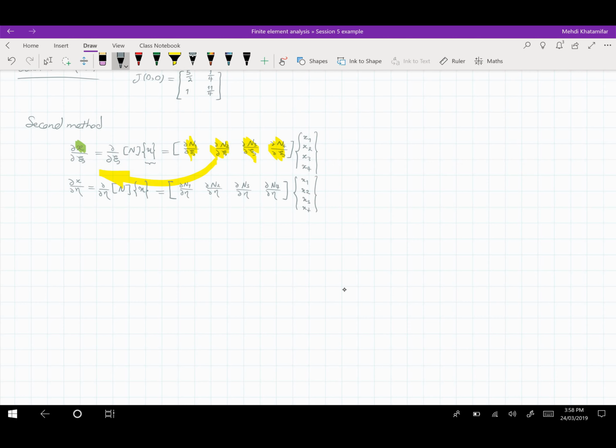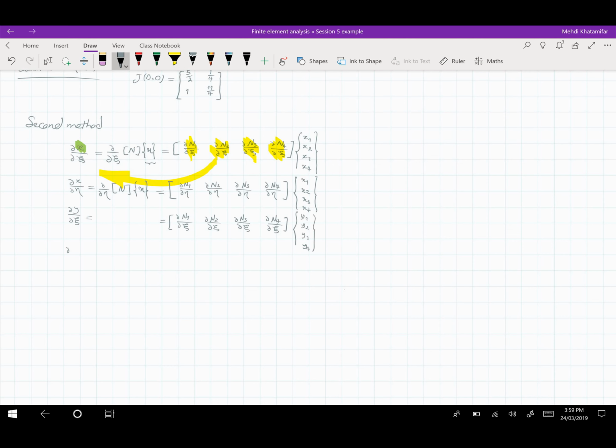Let's write it for y too. For y also I'm going to have a similar form. Let's write this piece: derivative of n1 over psi, n2 over psi, n3 over psi. Sorry, I'm sometimes making a mistake. This time it is going to be y1, y2, y3, and y4.